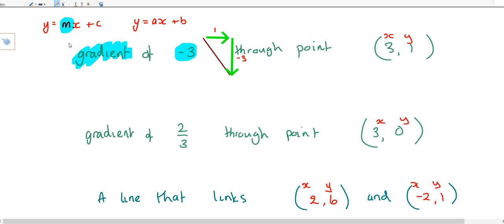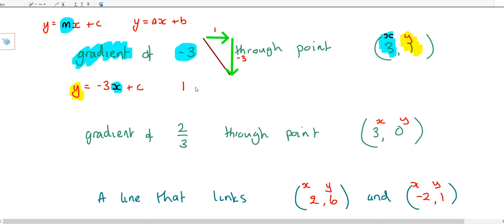So I can start by saying it's y equals -3x plus c. Is that what you all did? Yeah? So now I've got my x value of 3 to put in, and I also know that my y value of 1 can go in there. And then I find my c.